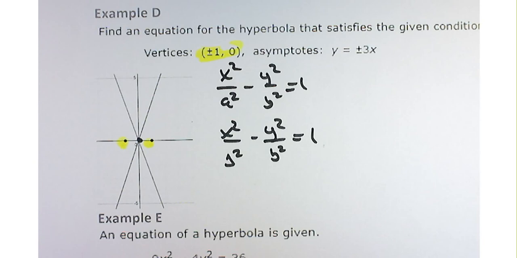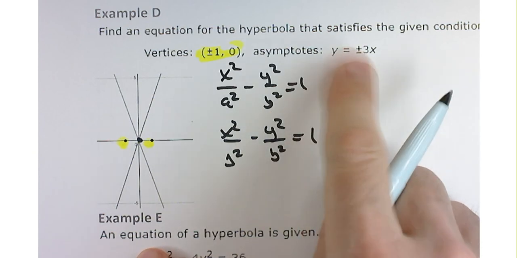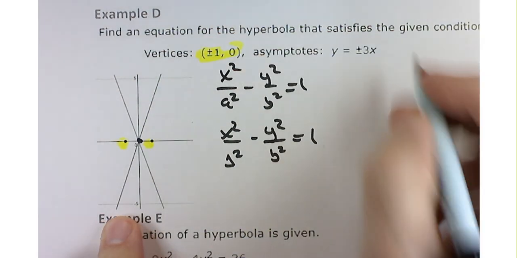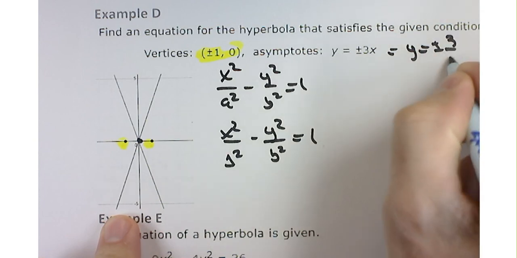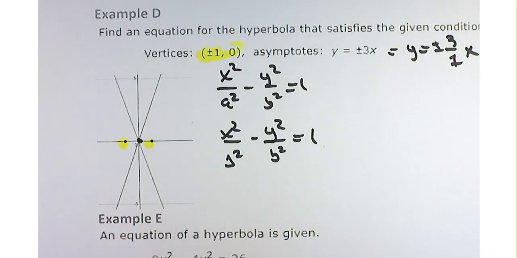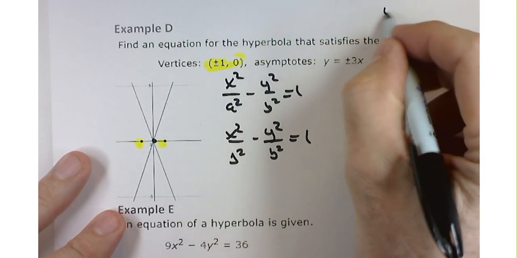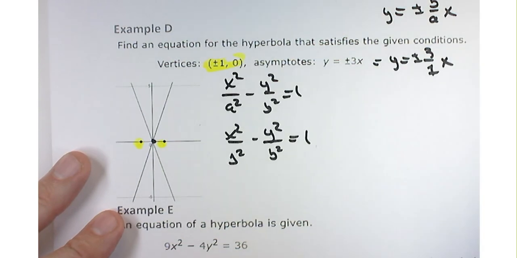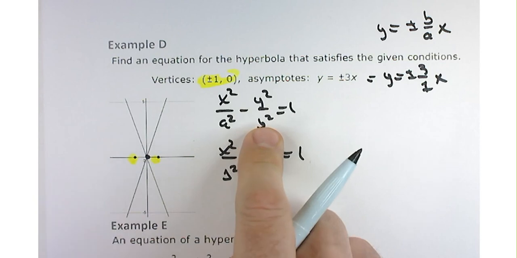And our hint is that we know that the equation of this line is y equals 3x. Now let me write it as y equals plus or minus 3 over 1x. I'm not worried about the 1 so much as I am the 3. But this in general is going to be in the form of y equals plus or minus b over a times x. And that b is going to be the denominator for y.